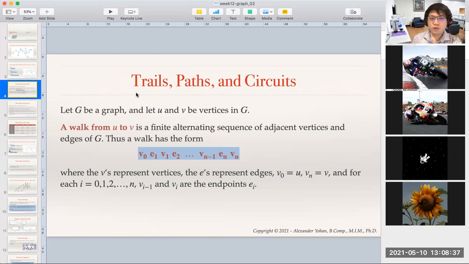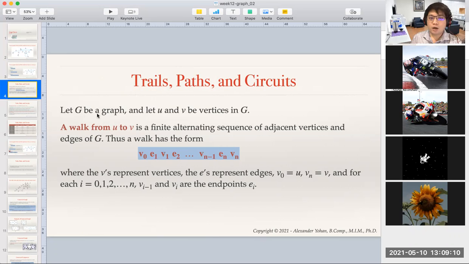In some references later on, I will explain that some references think trails and paths are the same, but they have some different terms. But in general, people will just say there are trails, paths, and circuits, and then there are some other criteria that can create these trails, paths, or circuits. So let's see the definition here.